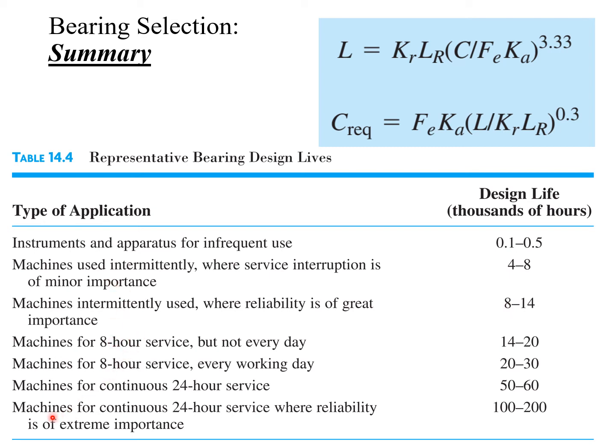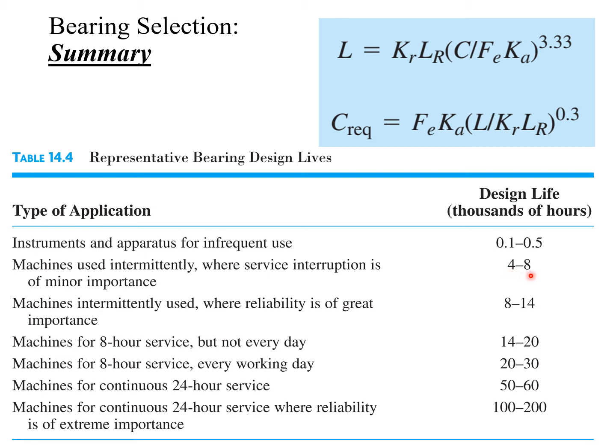At the most extreme, we can have a bearing that is operating 24 hours a day, where reliability is extremely important, so we cannot afford to shut the equipment down to do maintenance. They want us to design for 100,000 to 200,000 operating hours. If the machine works 8 hours a day, but not every day, only 14,000 to 20,000. If the machine is used intermittently, where service interruption is of minor importance, then we want 4,000 to 8,000 hours.